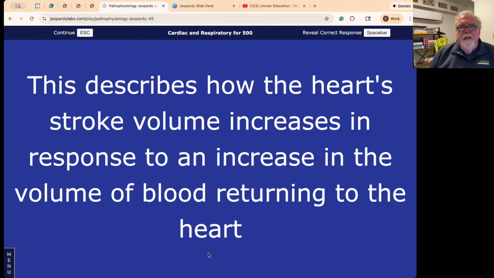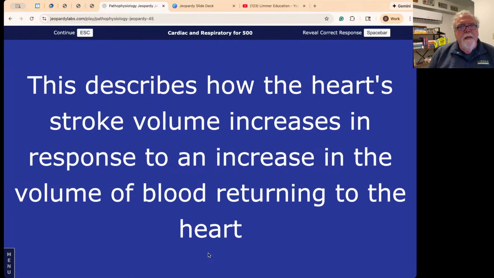Basically, it says, if we have more blood arriving in the left ventricle and it gives us more stretch, we have more blood for the stroke volume. Maybe we're exercising and we need that extra volume.